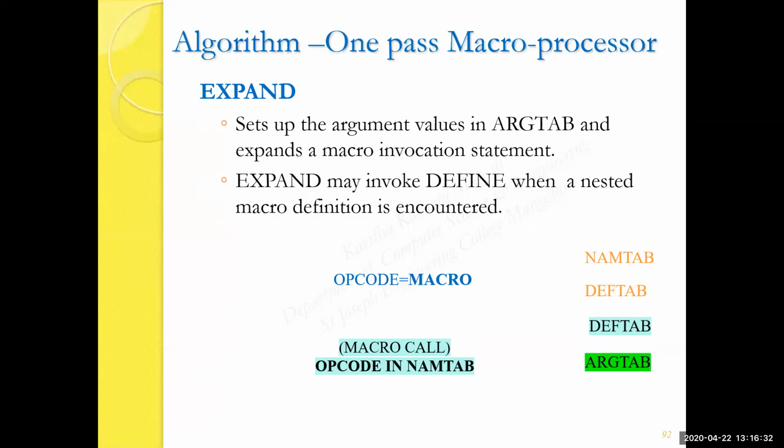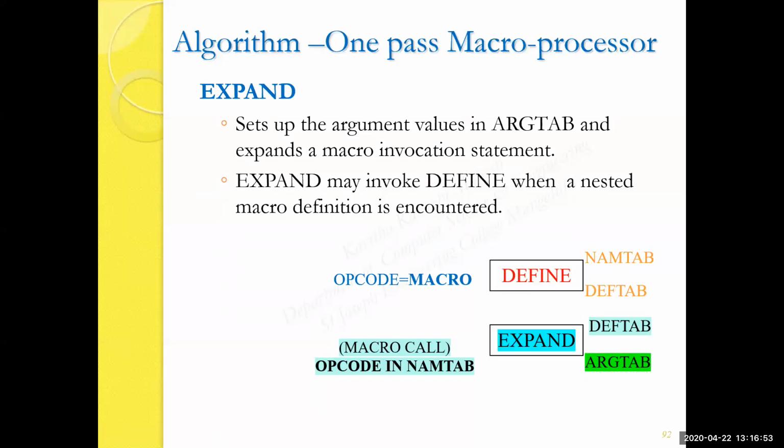The expand procedure is used to help in expanding a macro, and the function of the expand procedure is to set up the argument table by placing all arguments that are encountered in the macro call into the argument table in the order of their position.